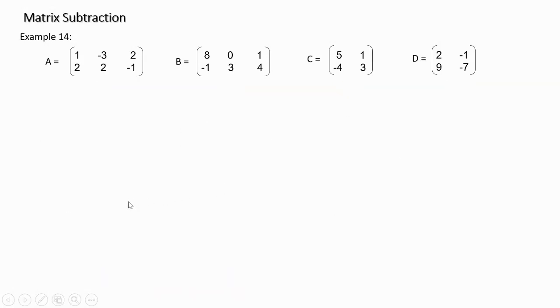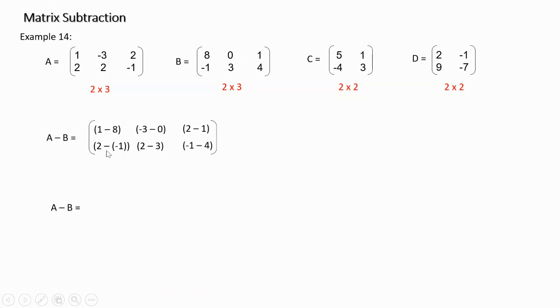And also similar with subtraction. Subtraction, right, is the same thing as addition, but the only difference is we're going to be subtracting. This will be 1 minus 8, negative 3 minus 0, 2 minus 1, 2 minus negative 1, 2 minus 3, and negative 1 minus 4. So it's going to give us negative 7, negative 3, 1, 3, negative 1, negative 5.